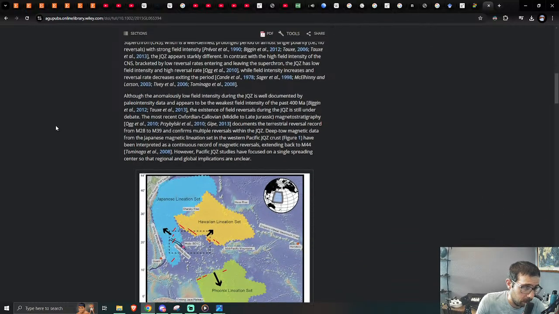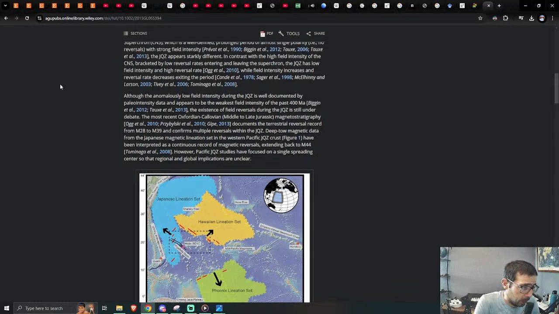Although the anomalously low field intensity during the Jurassic quiet zone is well documented by paleointensity data and appears to be the weakest field intensity of the past 400 million years, the existence of field reversals during the Jurassic quiet zone is still under debate, according to this paper at the time of writing.